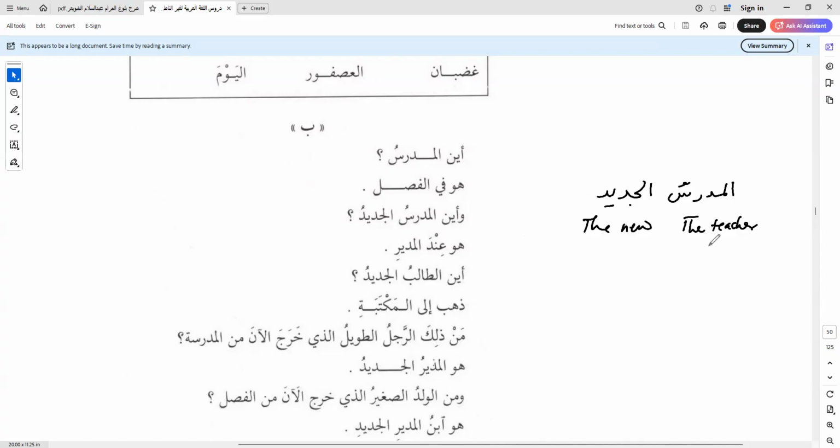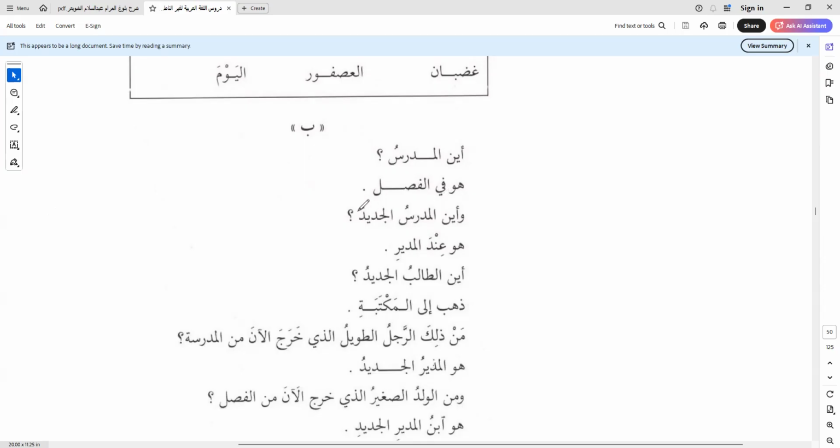So in English, we don't say the teacher, the new. We don't say that, right? So we drop the second the. We bring the here, and then it's going to be the new teacher. We can drop one of the. So it's very, very important. So this is what we call noun adjective agreement or adjective noun agreement.